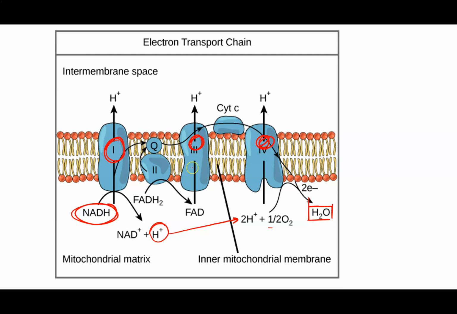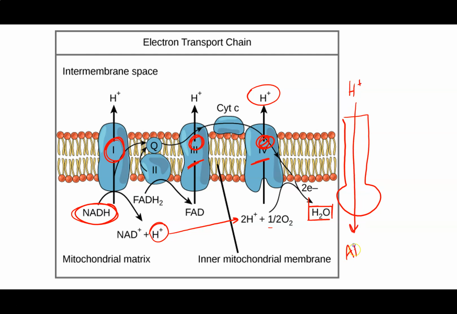The FADH2 only goes through 2 pumps, but either way, we're moving hydrogens. Now, it's not on here, but if the ATP synthase was here, it would be right there, and those hydrogens are going to come screaming through there, and they're going to take ADP and turn it into ATP. So very, very important what's going on there.